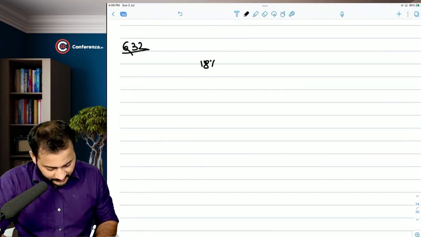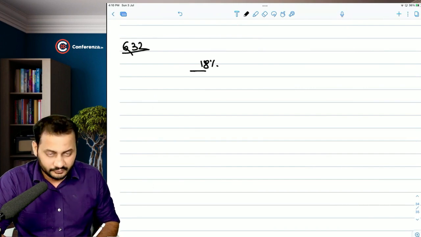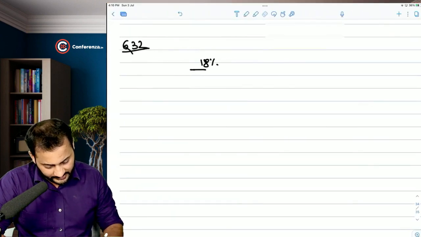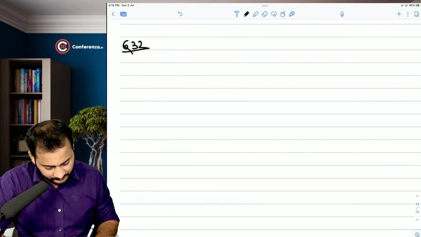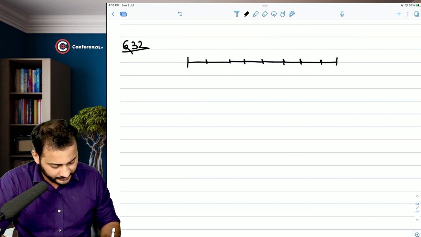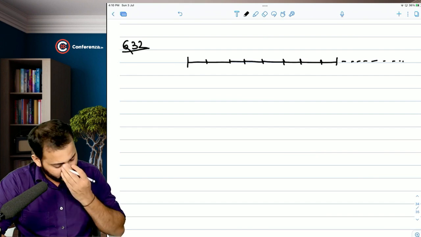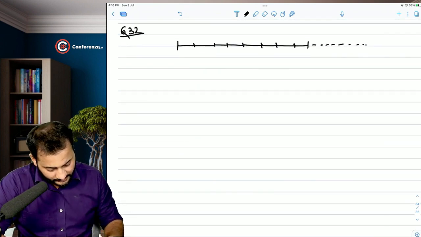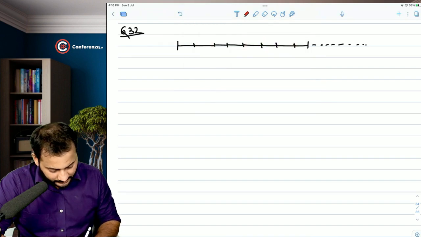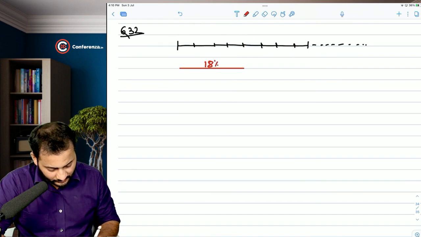So 18%, and I think 18% for 4 years, right? Okay, let's just calculate it then. First, second, third, fourth, fifth, sixth, seventh, eighth, and then perpetuity. So for the first 4 years, it was 18%. So I will just write it down like this. This is 18% growth.